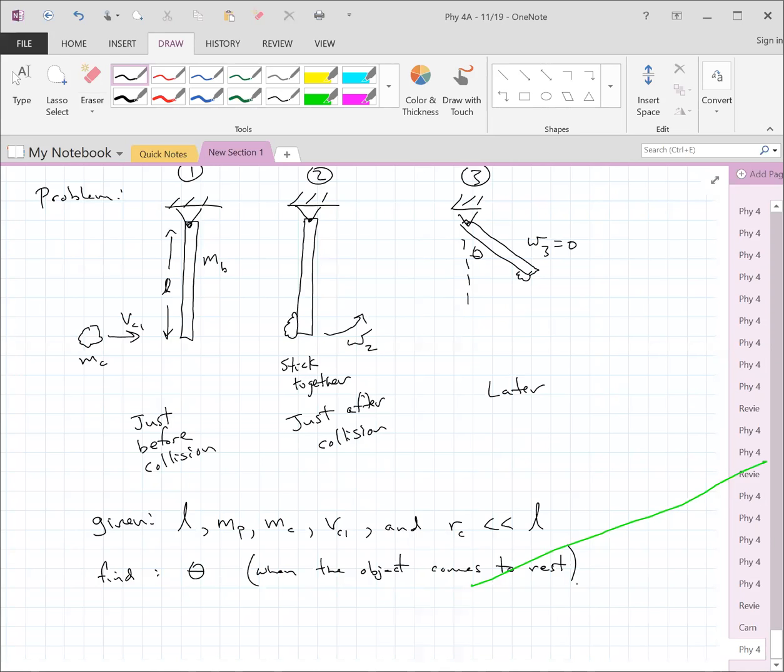So mechanical energy is going to be lost to other forms that we can't account for, and so we can't go from the beginning to the end using energy conservation. Can we go from the beginning to the end using linear momentum? No. And the reason is that gravity gets in the way.